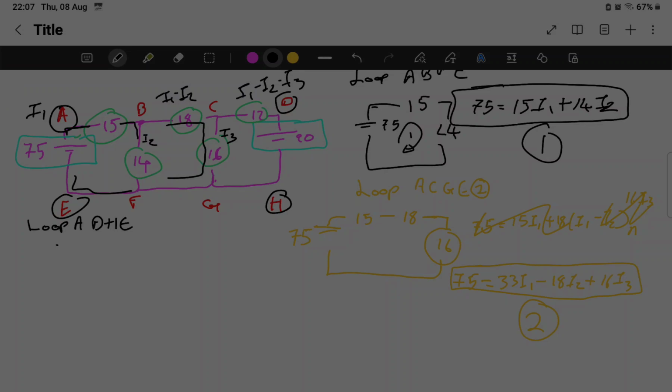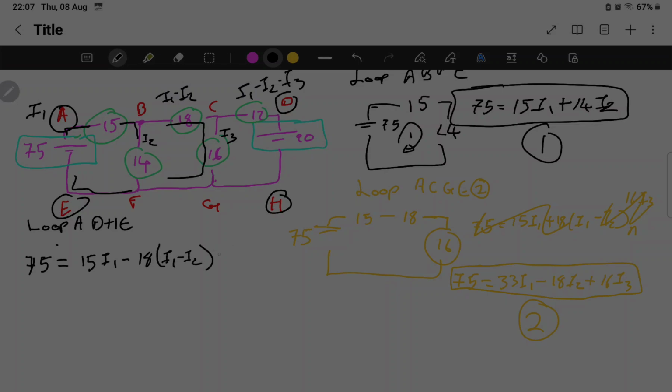We have 75 equals 15 I1 minus 18 plus 18 multiplied by (I1 minus I2).